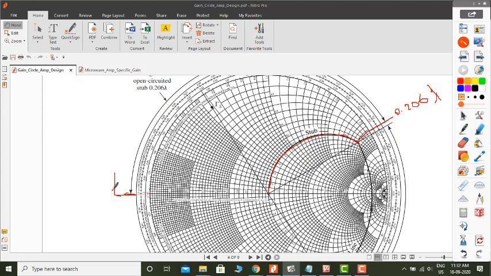From this point, you measure over the wavelength towards generator scale up to this. Reading on the Smith chart, it comes as 0.206 lambda. Therefore, the length of the stub is 0.206 lambda.